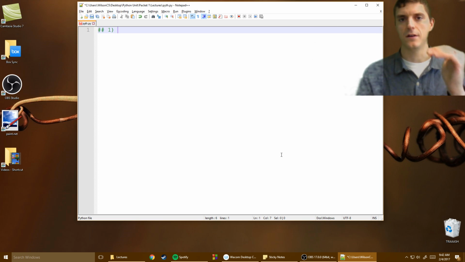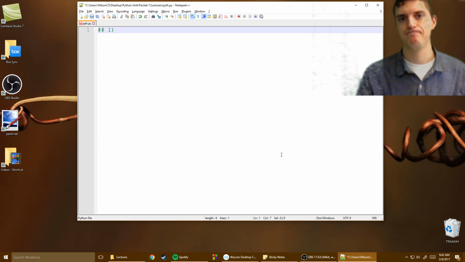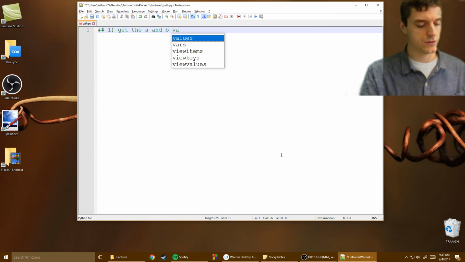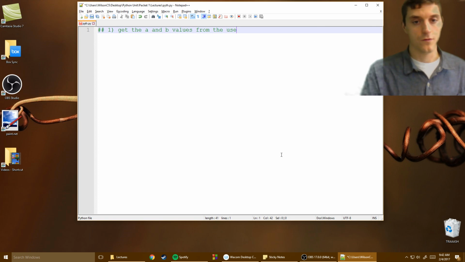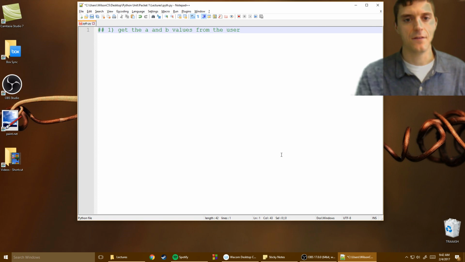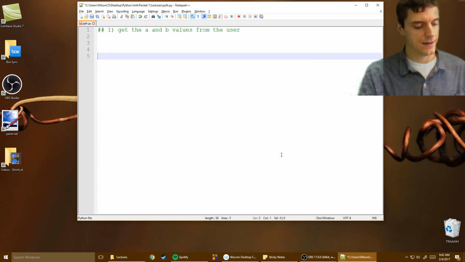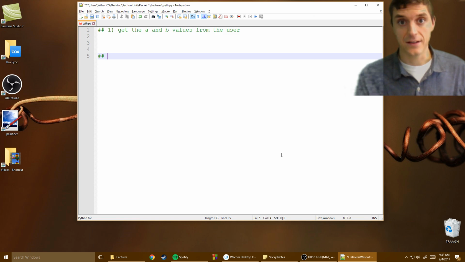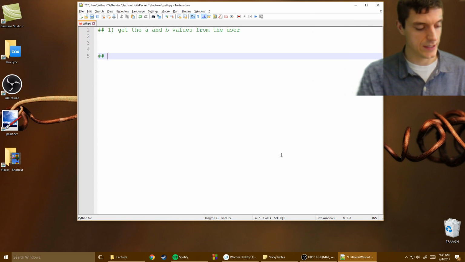So it gives me a framework of things to follow, right? So the first thing I need to do is get the A and B values from the user. It's the first job. And you do the commenting with the hashtag, the pound sign, the little tic-tac-toes.